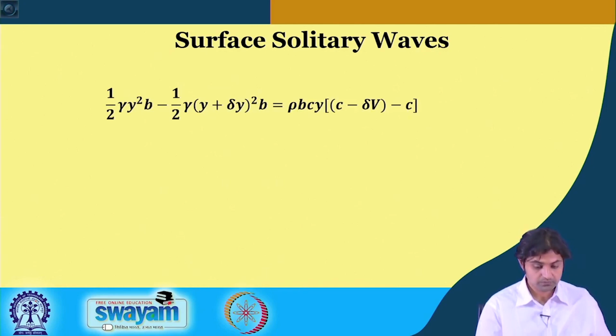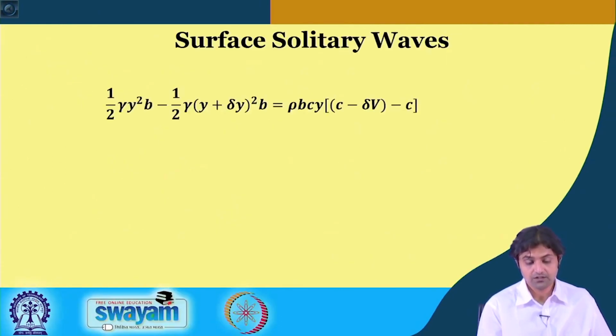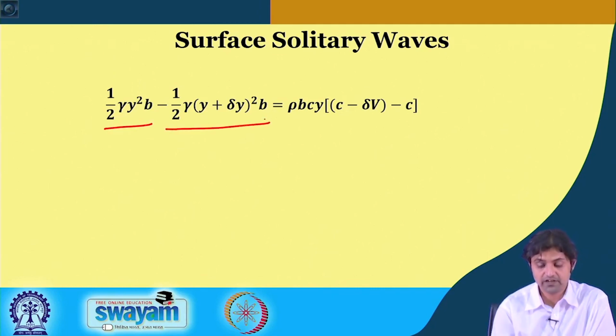So, we apply the change in momentum; the rate of change of momentum is the force. We obtain half gamma y square b, that is the force on the right hand side, minus the force on the left hand side, is equal to rho b c y, the mass flow rate, times the velocity change.